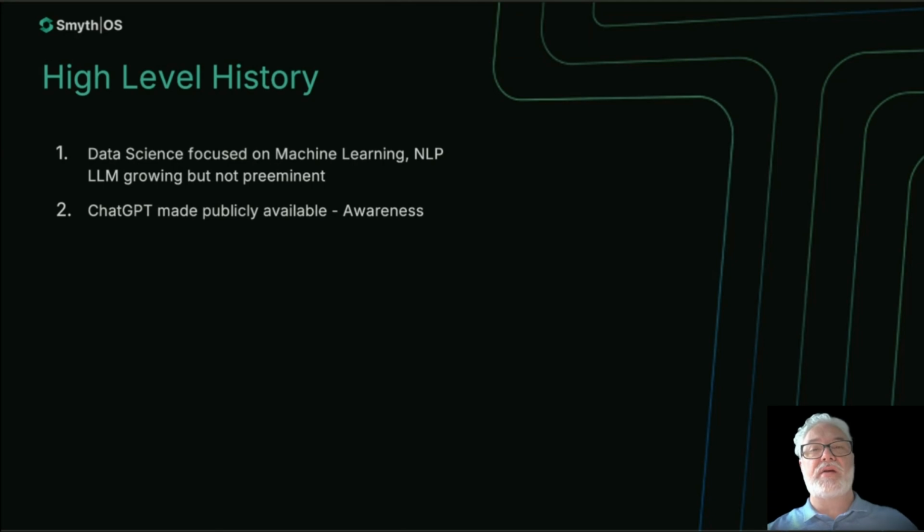So then one thing happened a few years ago now that really changed things, and that is that OpenAI made ChatGPT publicly available, and it started to absolutely blow people's minds. It changed people's perspective on AI. In fact, I would argue that if you talk to most people today, when they think of AI, they no longer think of machine learning.